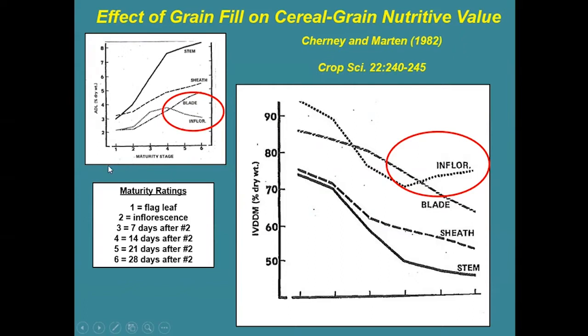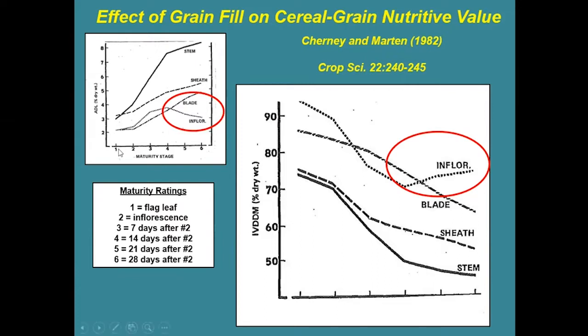And as you would expect, as most plants do, as they become more and more mature, the concentration of lignin increases in stem, sheath, and the blade, but not in the inflorescence. And that is the result of the beginning of grain fill.